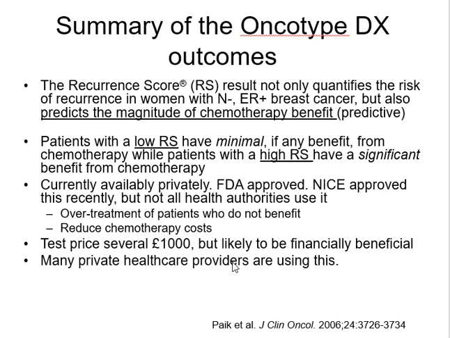It is NICE approved, but not many health authorities are currently using it. The price of it is several £1000s, so it's likely to be financially beneficial if you are making sure that over 70% of your patient cohort doesn't need chemotherapy. So on that basis it seems quite positive.